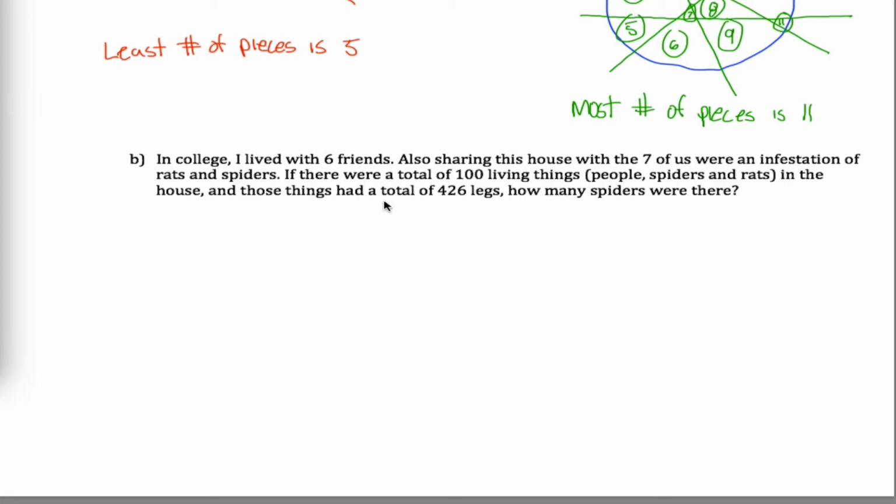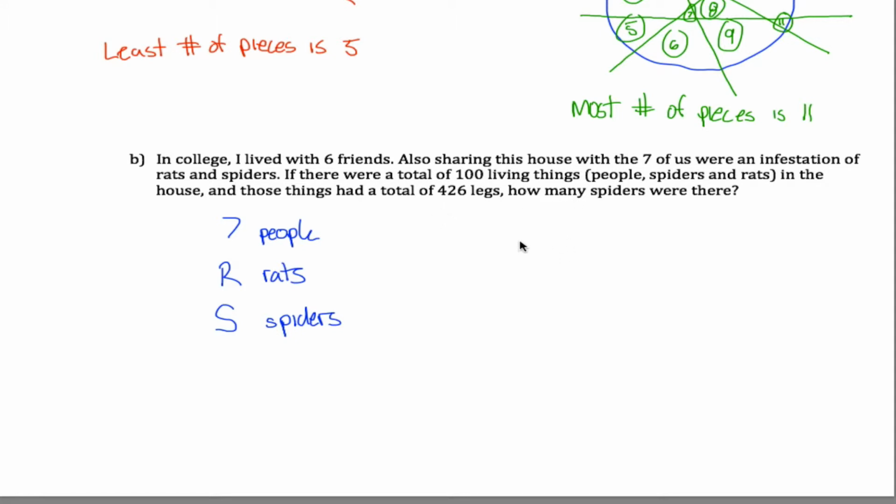So what's going on here is there are 7 people. There are some unknown number of rats, so maybe I'll say R rats, and there's some unknown number of spiders, maybe S spiders.